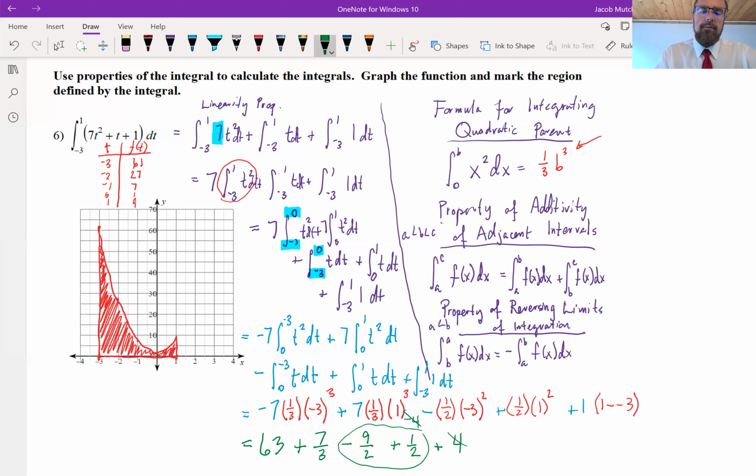So 7/3 is 2 1/3. So if I add that to 63, should get a total area there of 65 1/3 square units. 65 1/3 square units.